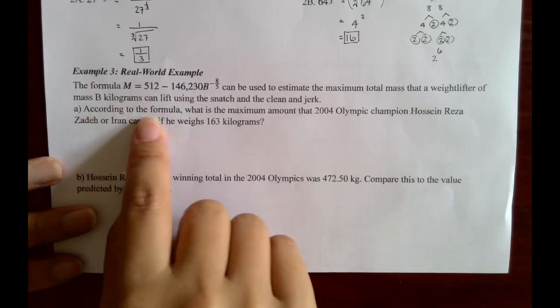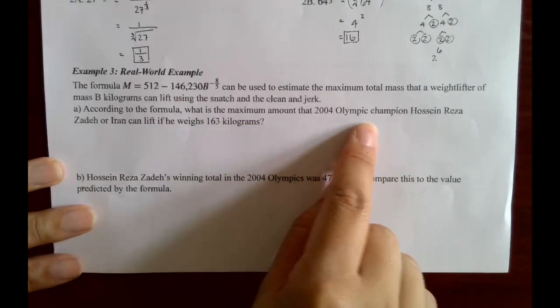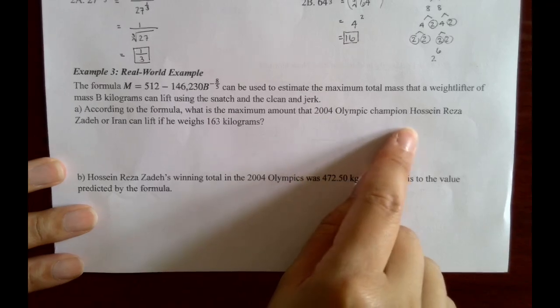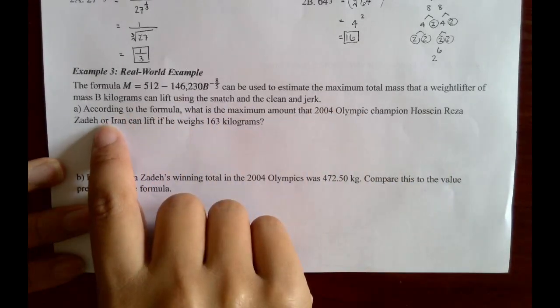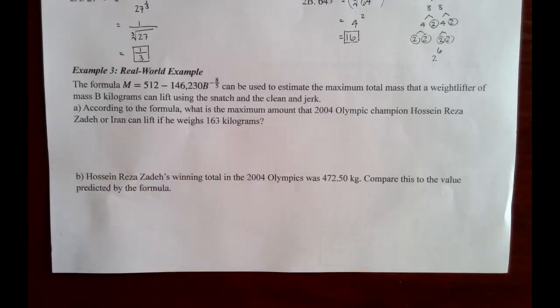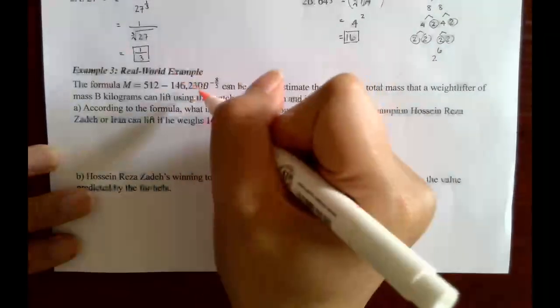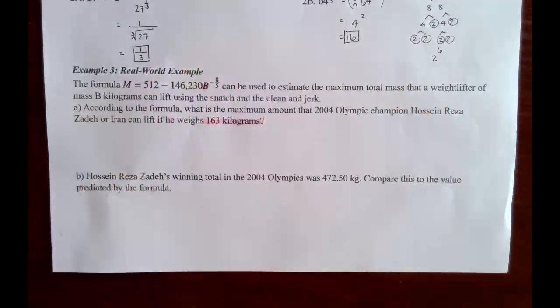According to the formula, what is the maximum amount that 2004 Olympic champion Hossein Reza Zadeh of Iran can lift if he weighs 163 kilograms? So this is his mass.